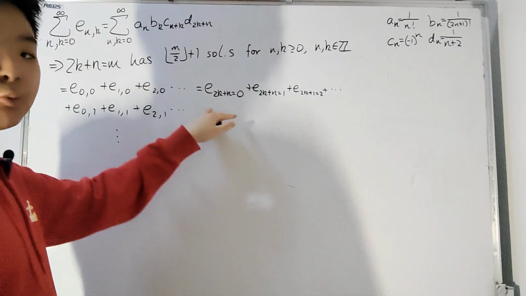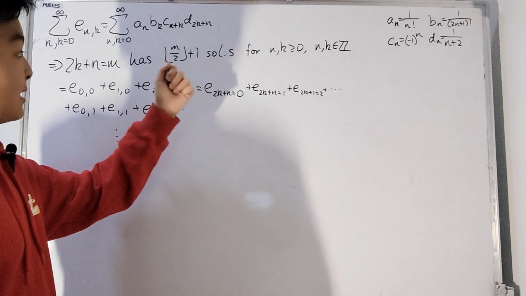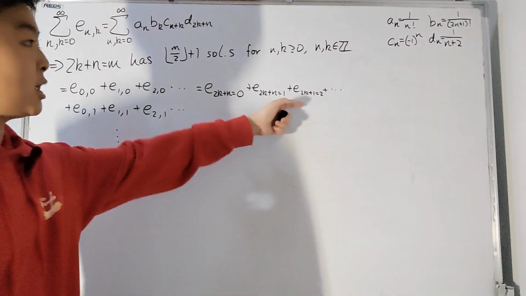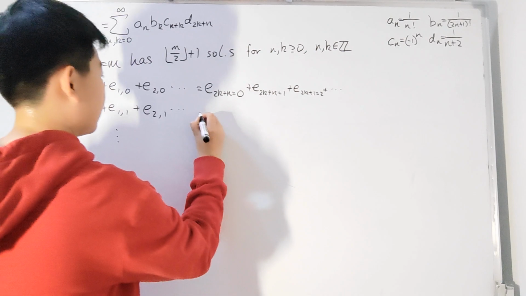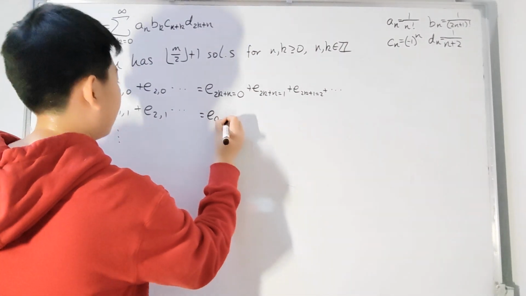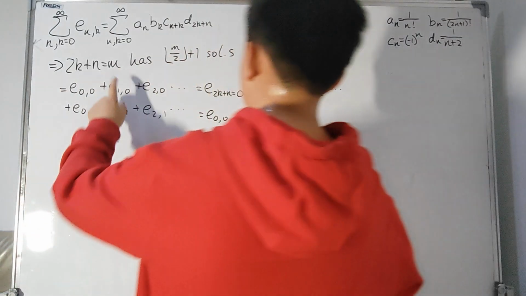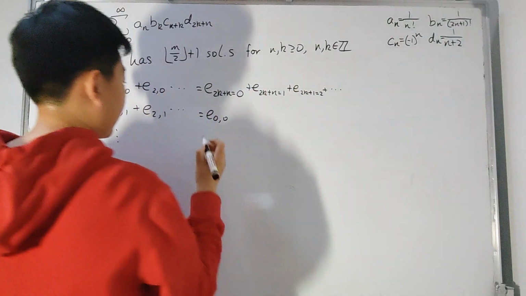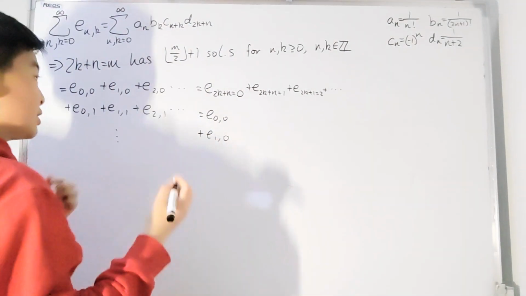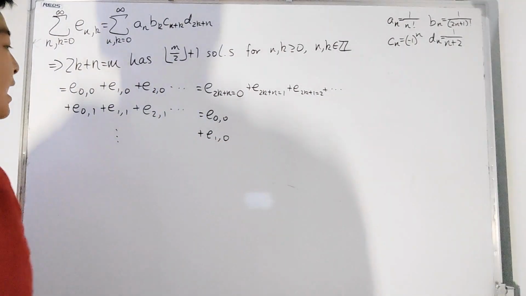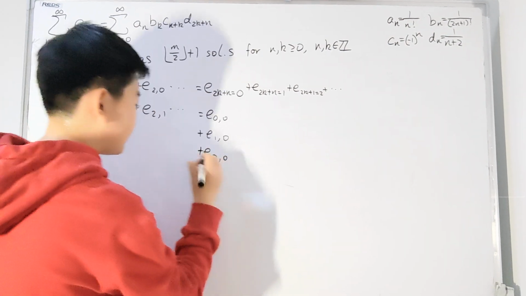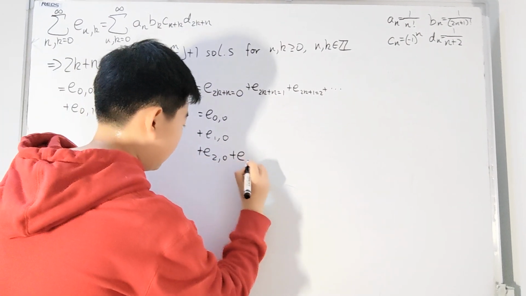And now what we can do is substitute the solutions we found on the previous blackboard for these subscripts right here. So basically, on the first row it is just going to be e(0,0), which is the solution where m is equal to 0. And then on the second row, I'm going to add e(1,0), which is the solution for m equals 1. And then we're going to add e(2,0), but this time we're also going to add e(0,1).